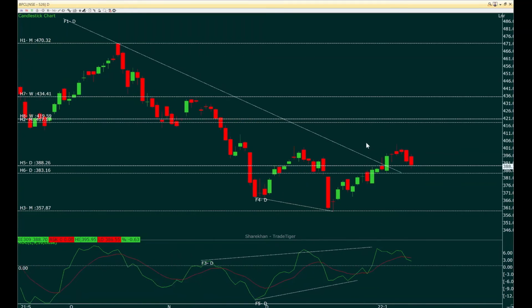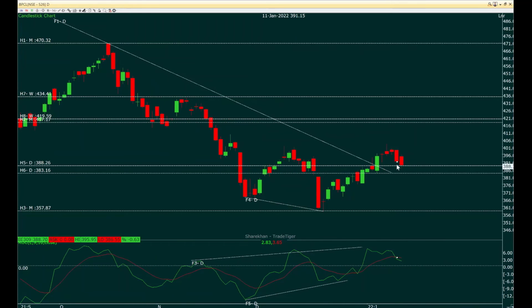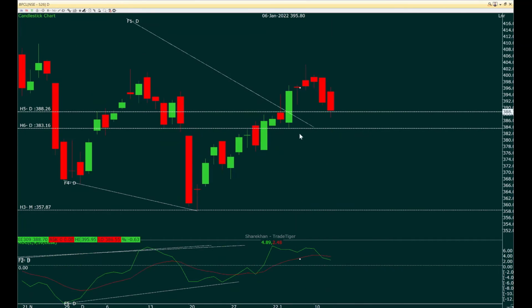We can wait for price to come to this bottom area, react from there, create another structure, go up, come down, and again go up. That is one probability. And the second probability is that because we already have this zone, which we can trade, here we could find some opportunity.